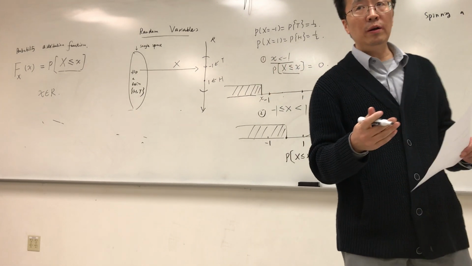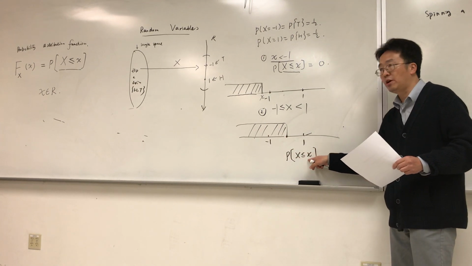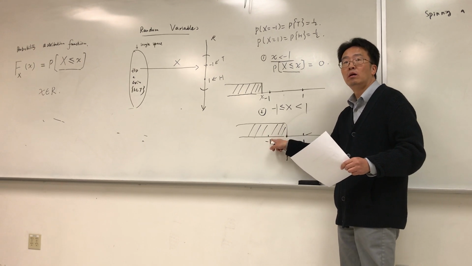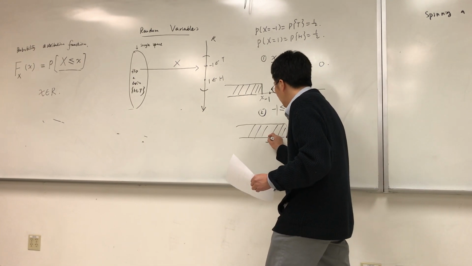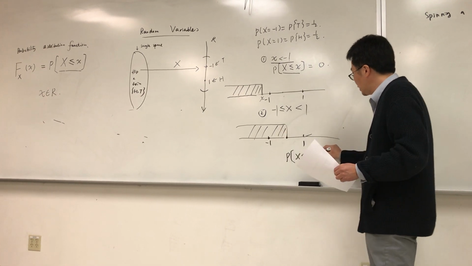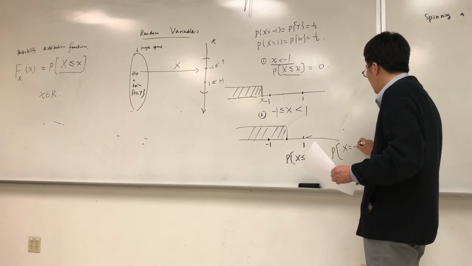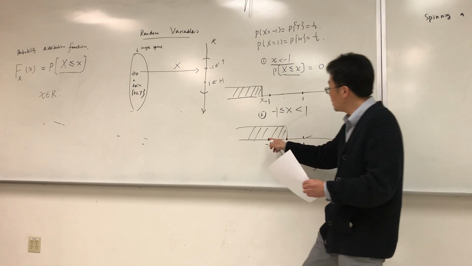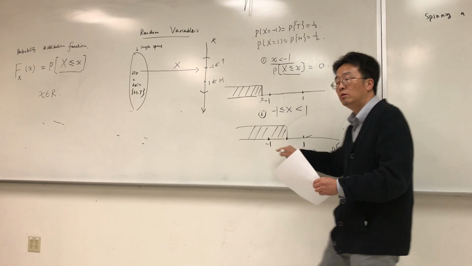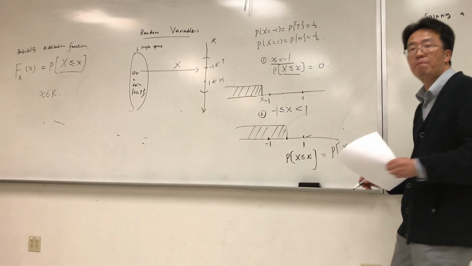Now you can see this interval represents this new inequality, and obviously it includes -1, this one point. In other words, this is the same as the probability X = -1, because the probability is 0 anywhere else except -1. So as a result, this should be 0.5, right?